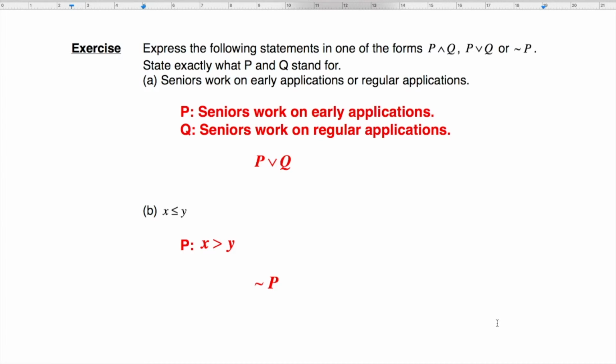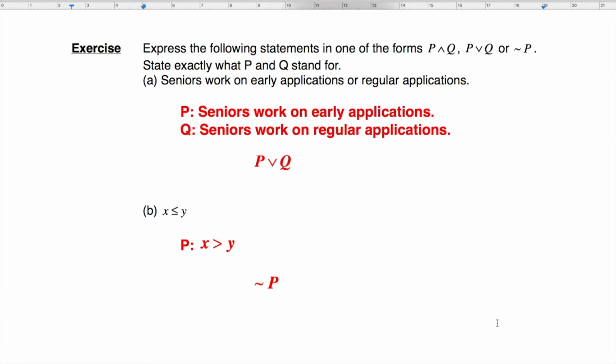So there are two statements here. P is seniors work on early applications, and statement Q, seniors work on regular applications. And if we put them together, we will write P or Q. Some seniors work on early applications only, some seniors work on regular applications only, and some seniors work on both.